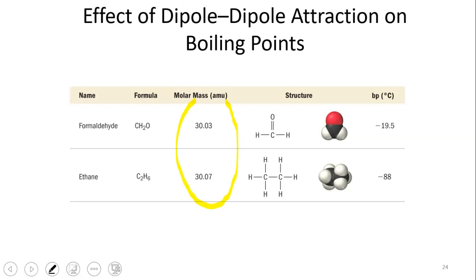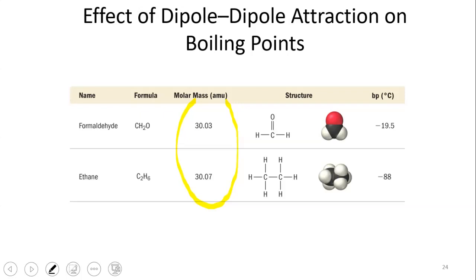Not only that, but approximately they have about the same shape. Maybe ethane's a little more elongated, but they have almost the same shapes. So what that means is that for these two molecules, the London dispersion force component is pretty much the same. They are going to interact with other molecules of their kind through London dispersion forces pretty much at the same level.